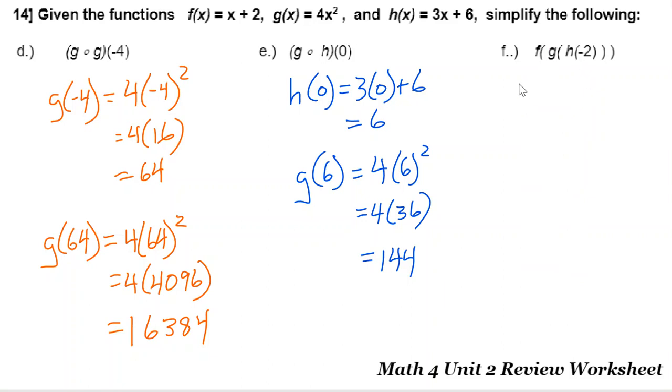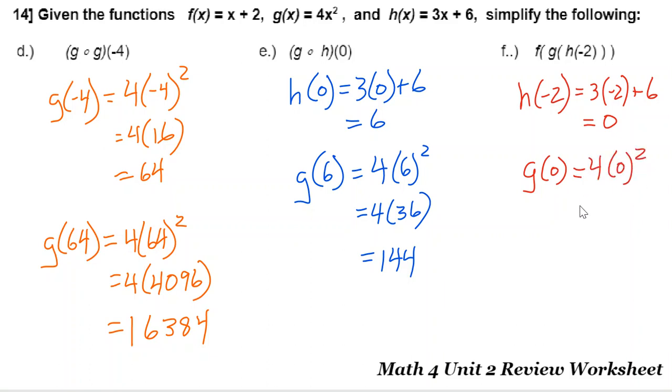Then for the last one, we start with h of -2, which is 3 times -2 plus 6, which is -6 plus 6 makes 0. So then we take that 0 and stuff it into g. G is 4 times x squared, 4 times 0 squared, which 0 squared is 0. 4 times 0 makes 0. Well, this is kind of getting easy, quick. And then the last one is x plus 2, 0 plus 2, which is plain old 2.